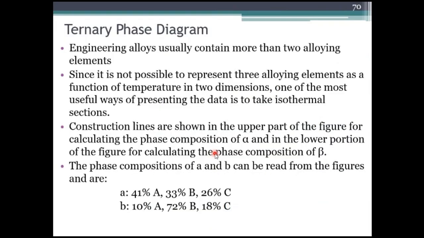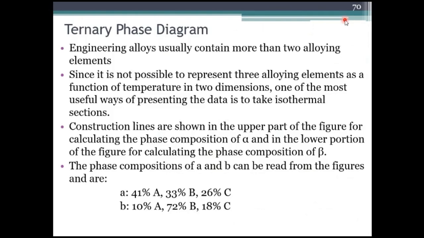Usually engineering alloys consist of more than two alloying elements. Since it is not possible to represent more than two alloying elements in a single graph, we go for this ternary phase diagram, which will be a function of temperature, one of the most important data to take isothermal readings.